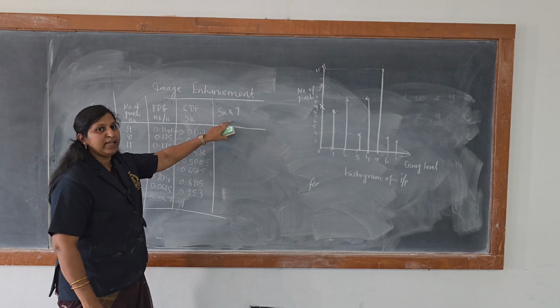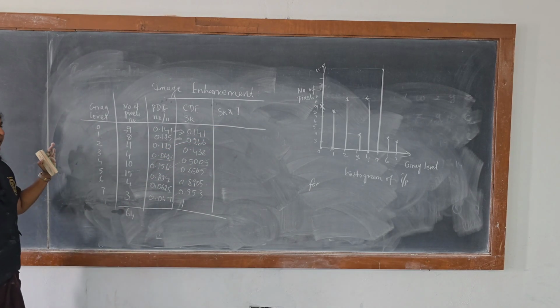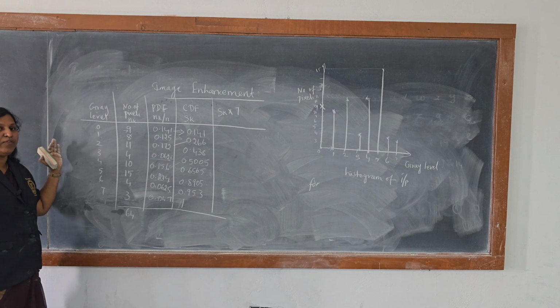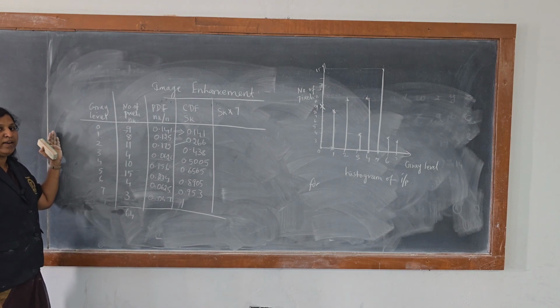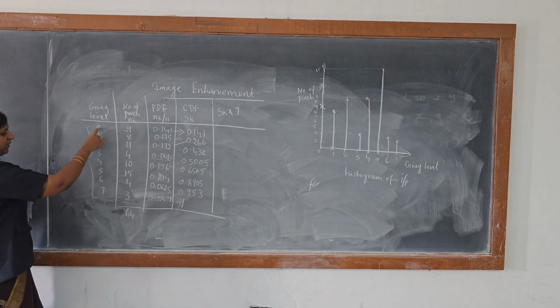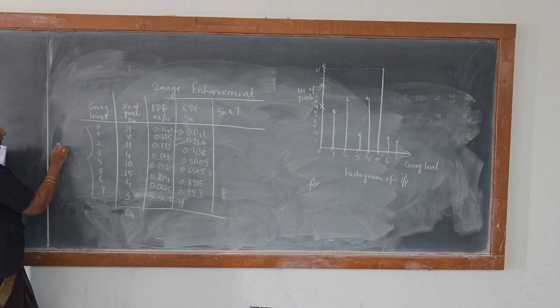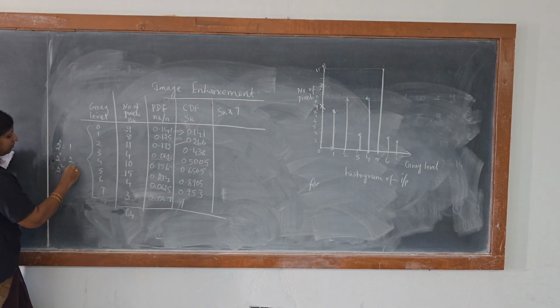How will you calculate the L value? First we have to write all the intensity values in the form of 2's power. Here also the intensity values range from 0 to 7. So if you write these in 2's power, 2 power 0 is equal to 1, 2 power 1 is equal to 2, 2 power 2 is equal to 4 and 2 power 3 is equal to 8.